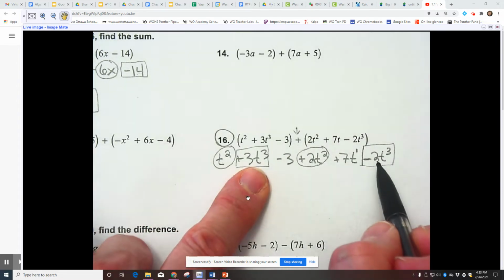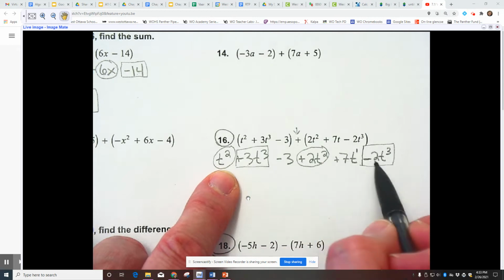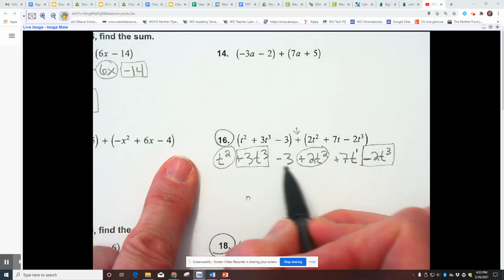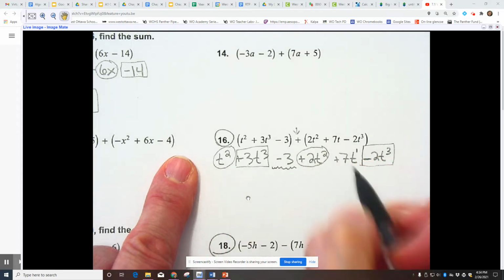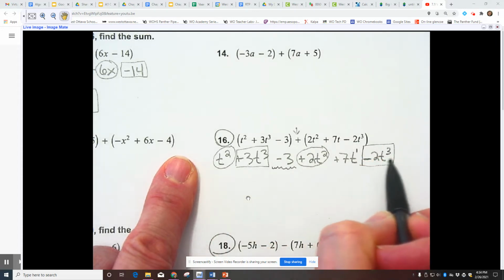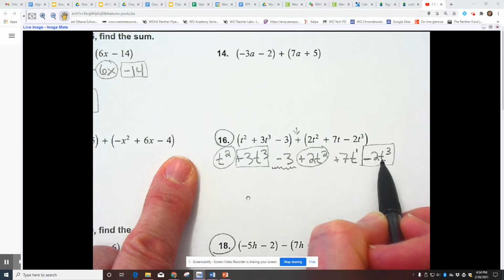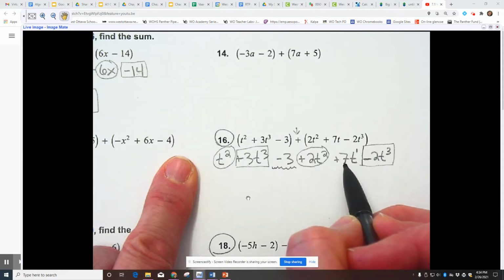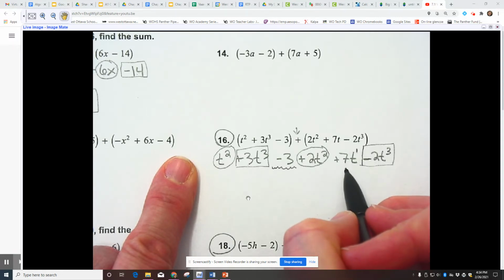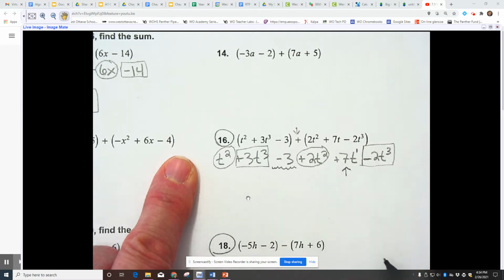So when I combine these, I know this is positive and this is negative. All right, keep going. This is a plain old constant. I'm just going to give that a squiggly underline. I don't have any other constant terms, but I still have this one I haven't classified. That's a t with an exponent of 1. I'm just going to put an arrow under that.